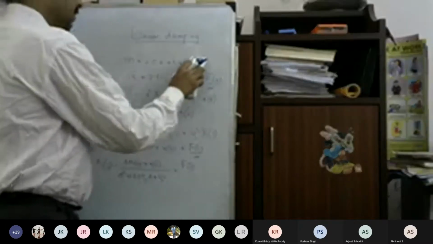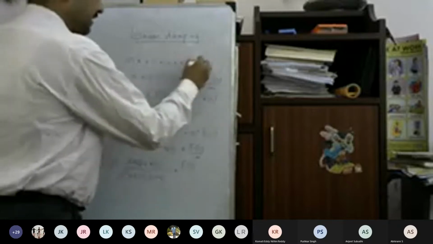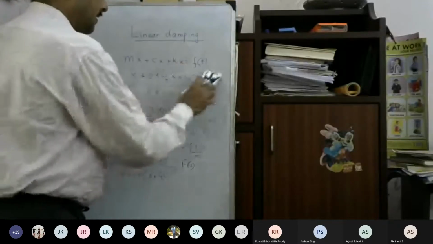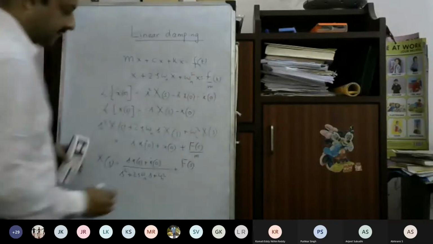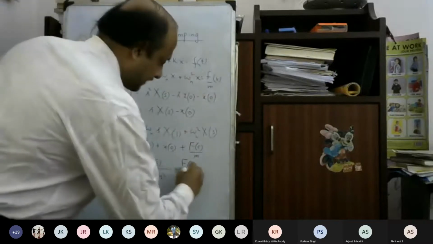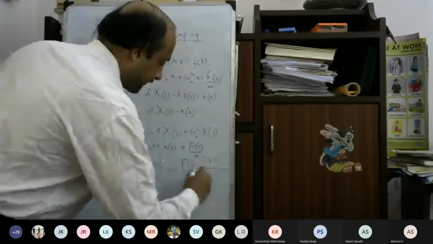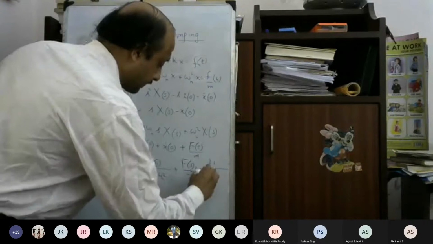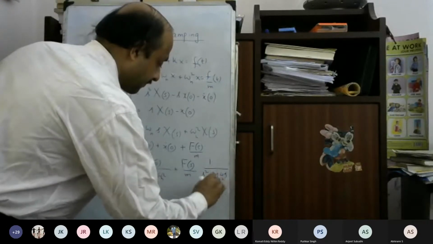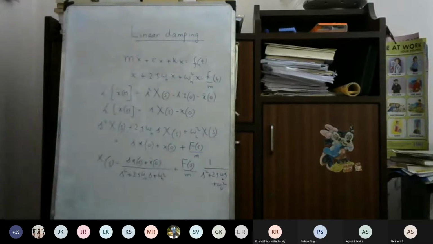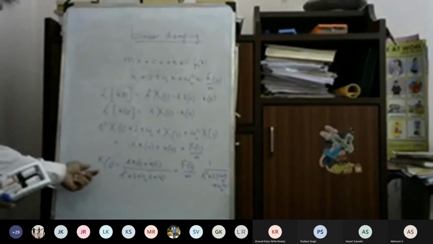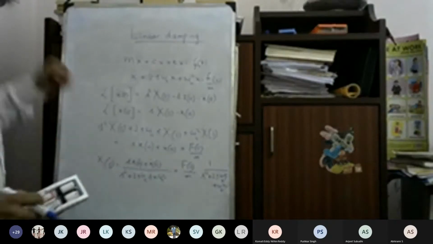Actually I should have written small f there, so this becomes capital F(s), and this times 1 by m. So that is the result we will get. This is the Laplace transform of the response.